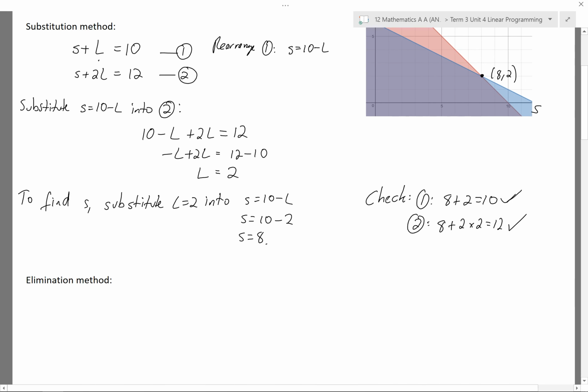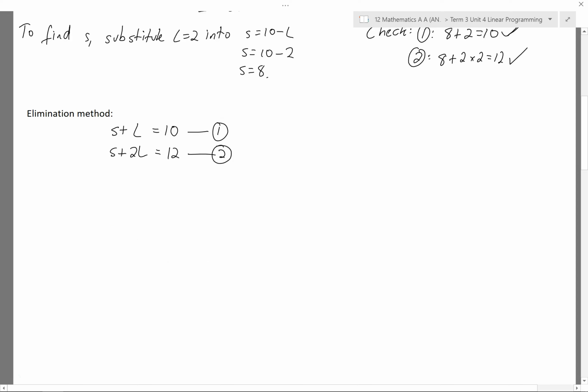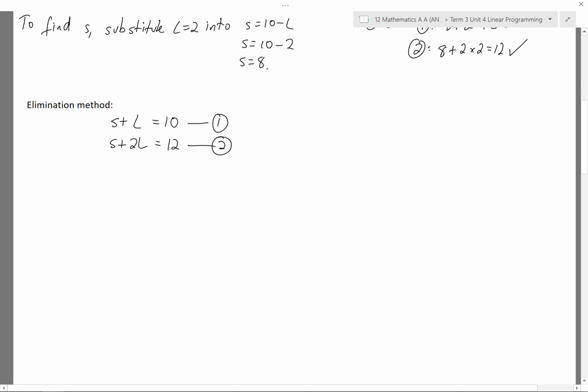There is an alternate method to solving this called the elimination method. Again, I would write my two equations side by side. I'm again trying to find this intersection point. In this case, I'm going to notice that these S's both have a coefficient of 1.